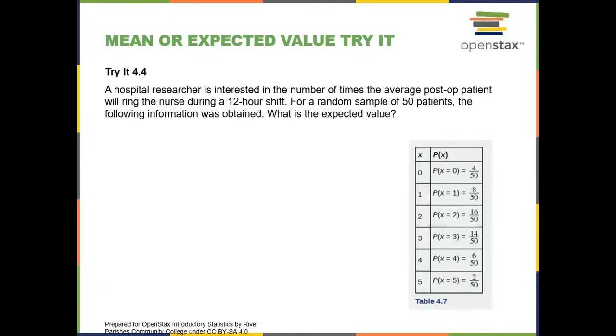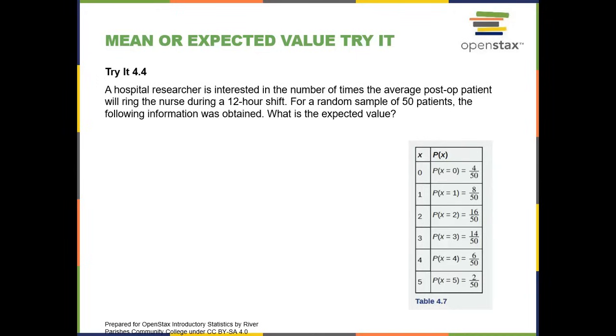Next one will be 0.16, which is 8 out of 50. Next one is 16 out of 50, which is 0.32. Next one is 14 out of 50, 14 divided by 50 is equal to 0.28. Next one is 6 divided by 50, which is 0.12.